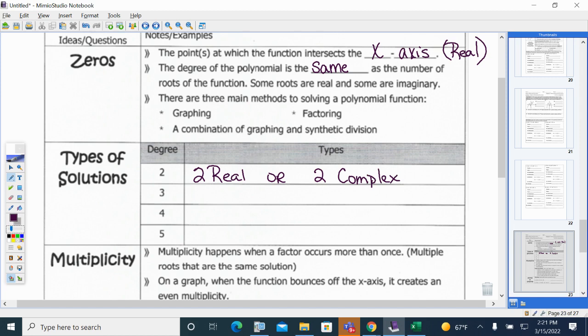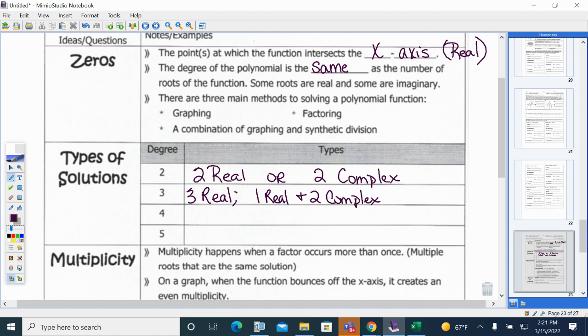So what if I have a cubic polynomial? What are the possibilities here? Well, if it's cubic, all three of those can be real. But all three cannot be complex. So I might have one real and two complex. But that's it. Those are the only combinations we can have if we have a cubic function.